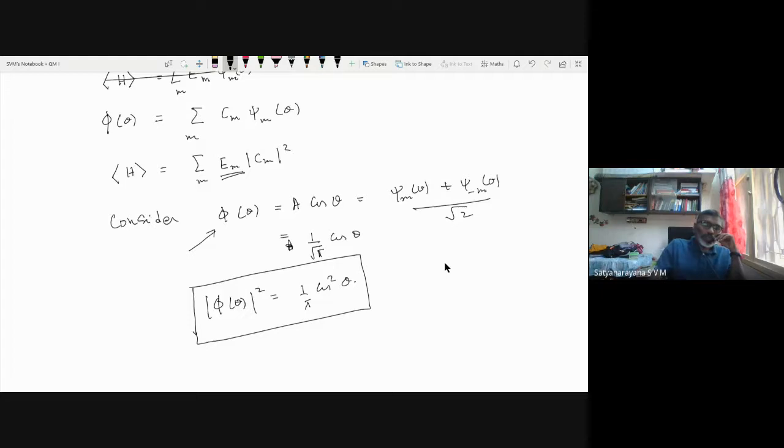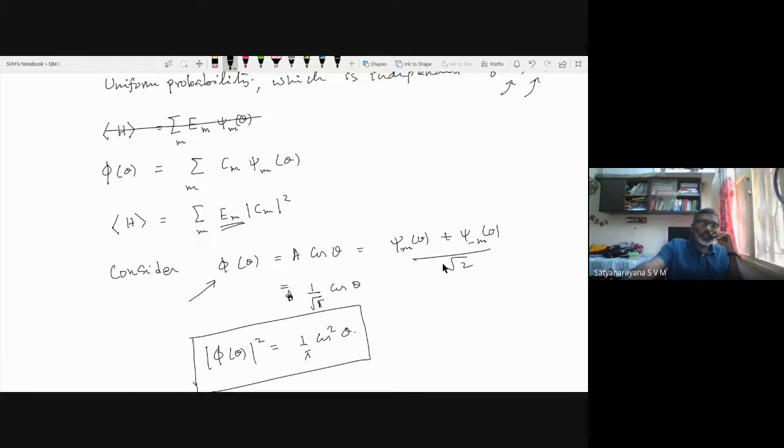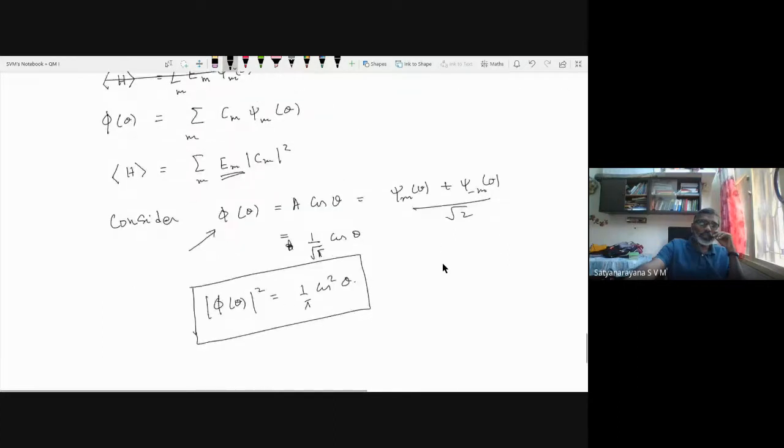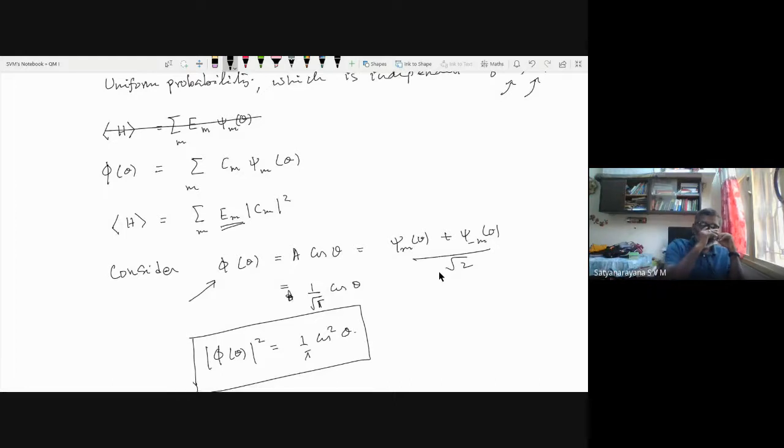But if your wave function is a common eigenfunction of both energy and the angular momentum Lz, then it has this feature that the probability is uniform. That is only a property of that wave function, and need not bother us; it is independent of the physical probability. Here also everything is independent of physical quantities except that it depends on theta. Physical parameters enter into the description of expectation values through the eigenvalues of the operators.